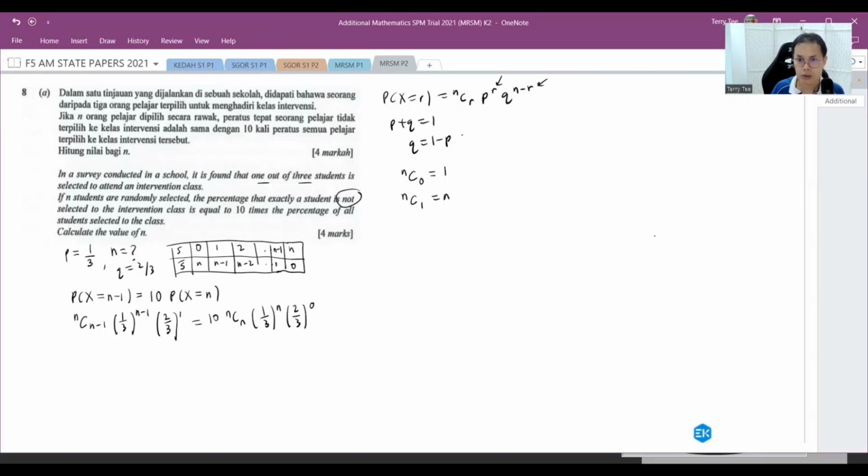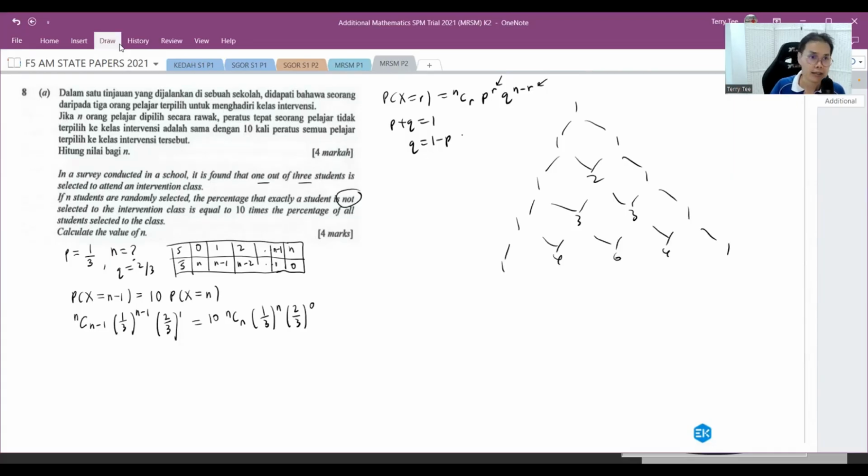Now, I don't know whether you know about this. The nCr thing, we can actually use a Pascal triangle, right? The 1, 1, 1, 1, 2, 1, 1, 3, 3, 1, 1, 4, 6, 4, 1. That is, this is your 0C0, this is your 1C0, 1C1, 2C0, 2C1, 2C2, 3C0, 3C1, 3C2, 3C3.